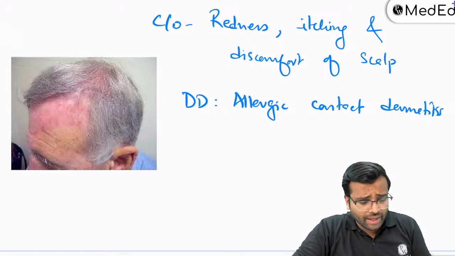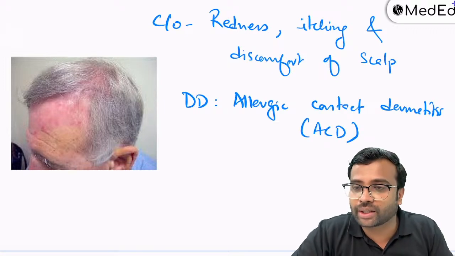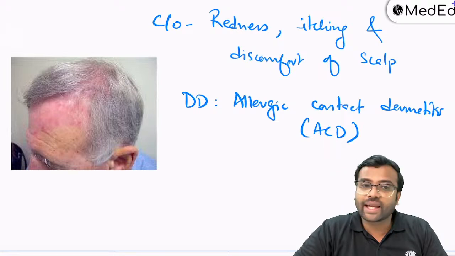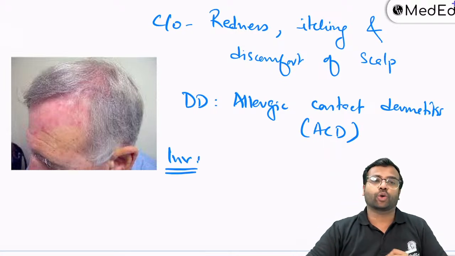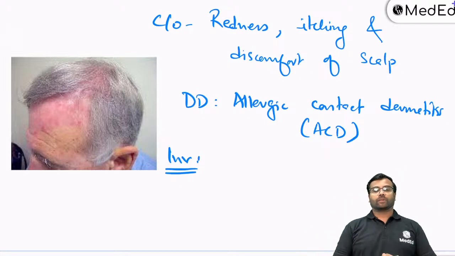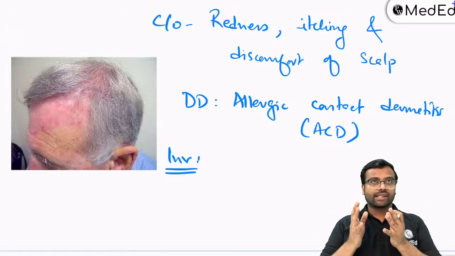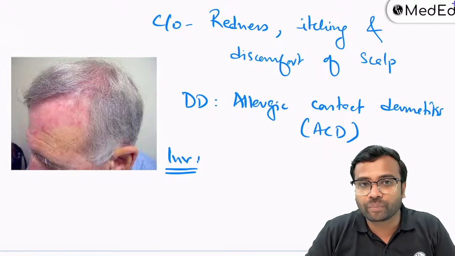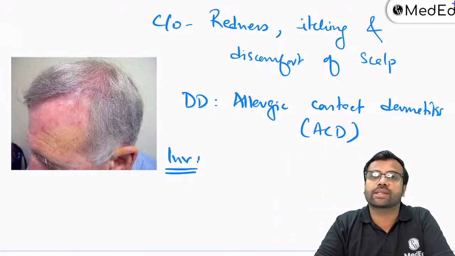Now, in case you are suspecting something like allergic contact dermatitis in this case, can you tell me what is the investigation that you would like to do in this patient? Would you like to turn on a wood lamp and see the color of the fluorescence?